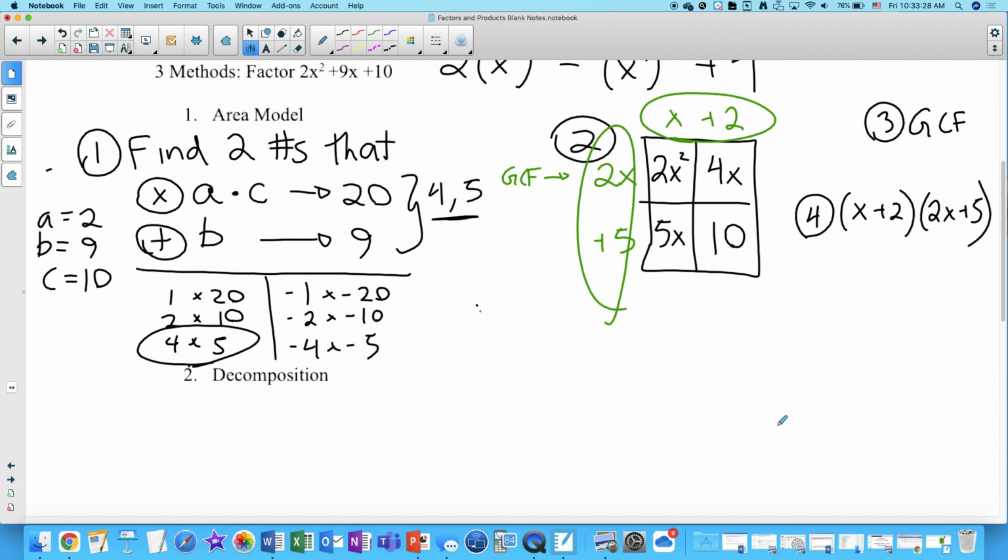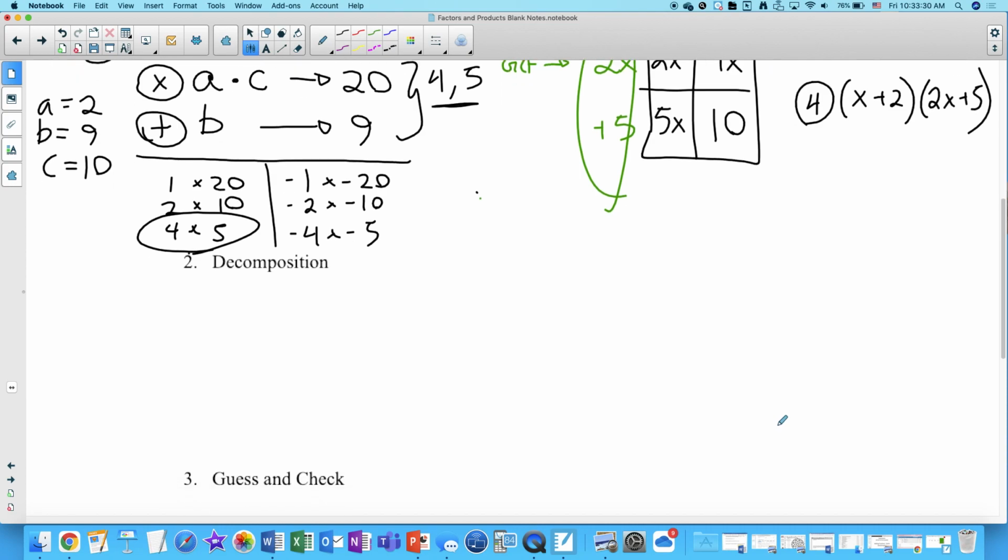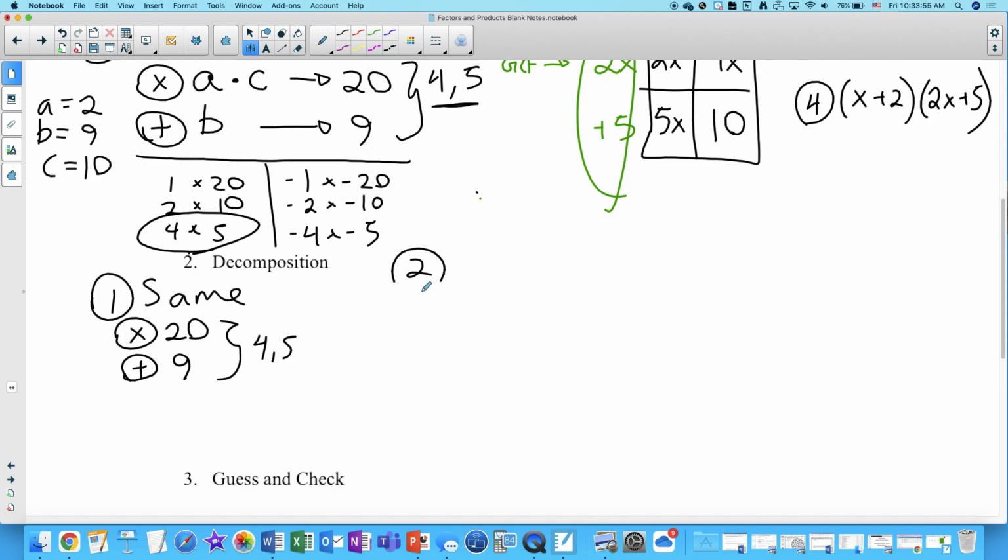So the first step is exactly the same. Right, so we want two numbers that multiply to 20 and add to 9, and those are 4 and 5. So you guys are going to get a lot of practice doing that. Second step, we're not going to use a box. This is the decomposition step. We're going to decompose the x term.